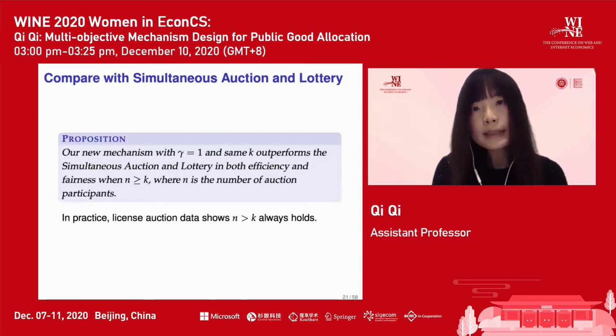For the last one, the simultaneous auction and lottery, it holds with a very mild condition: the number of participants is larger than the number of licenses. Then we can prove that the optimal two-group mechanism in this framework is better than the simultaneous auction and lottery.